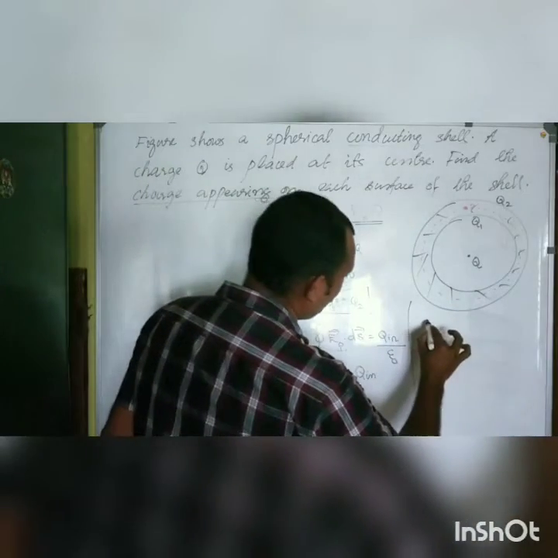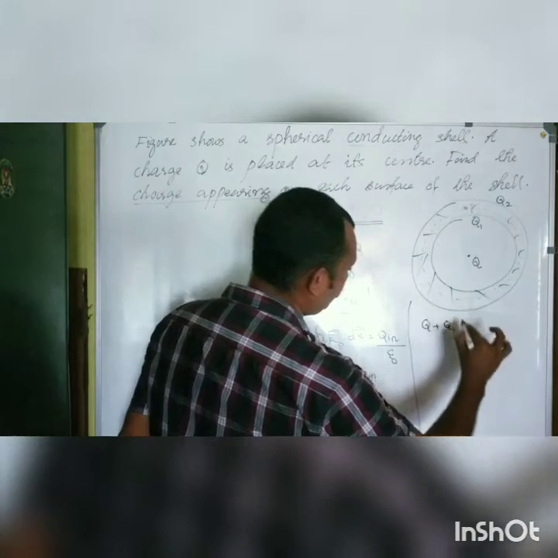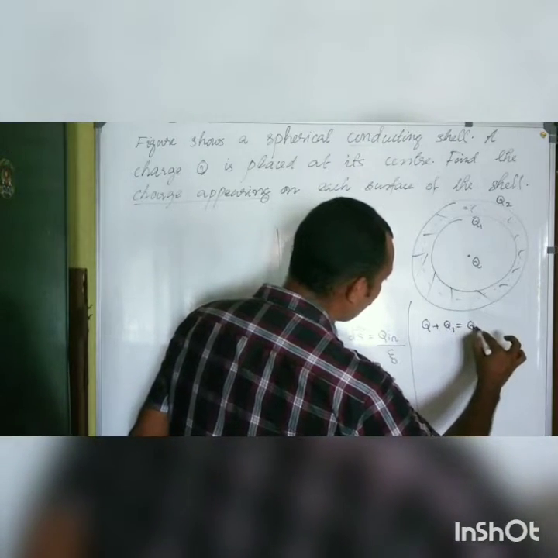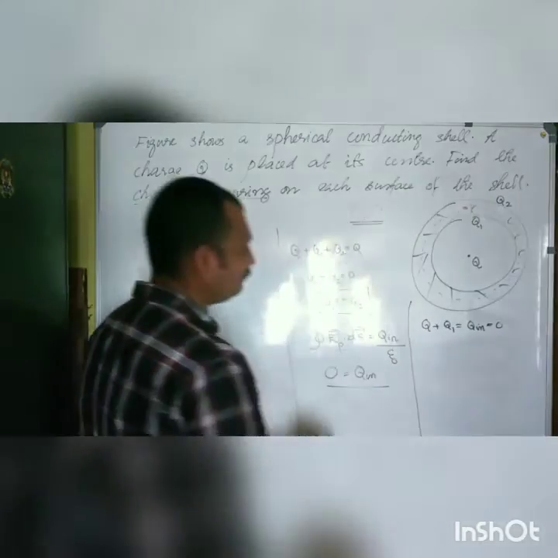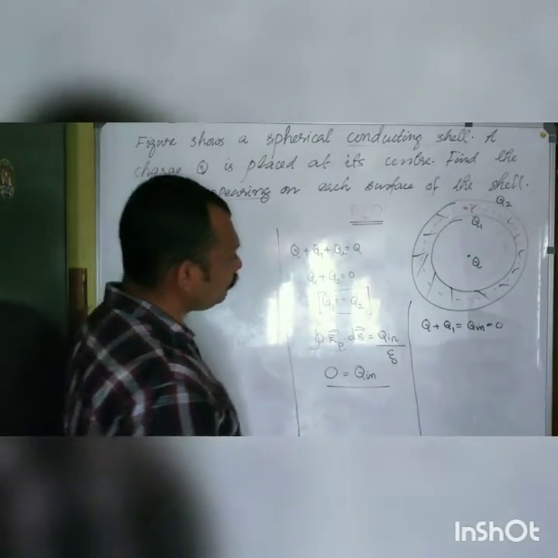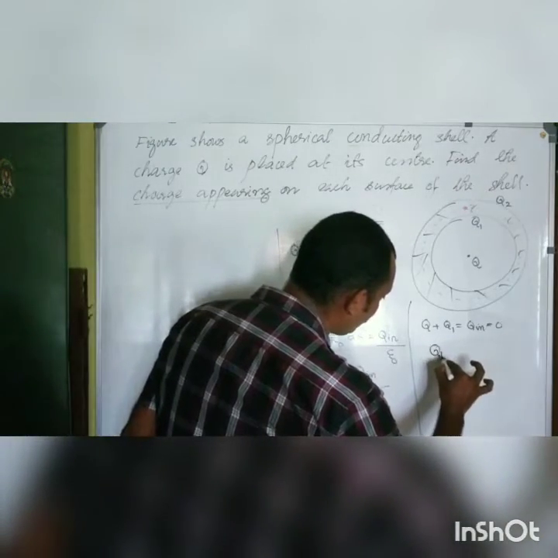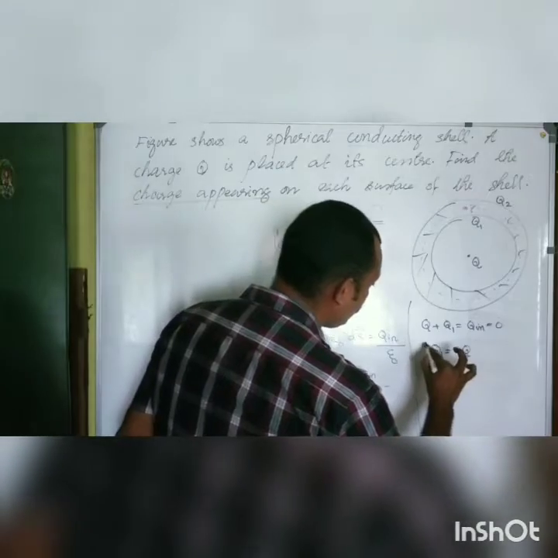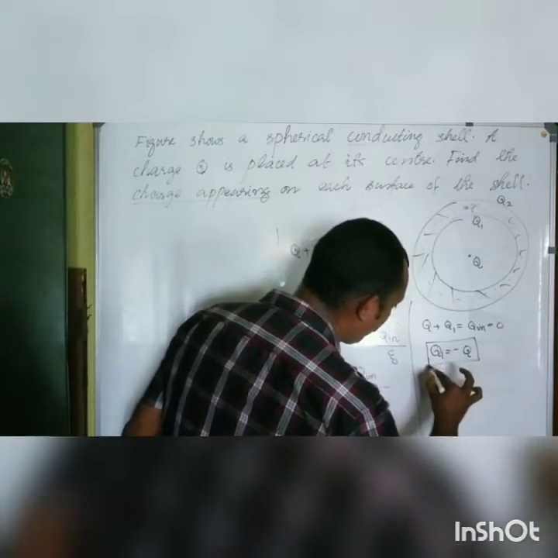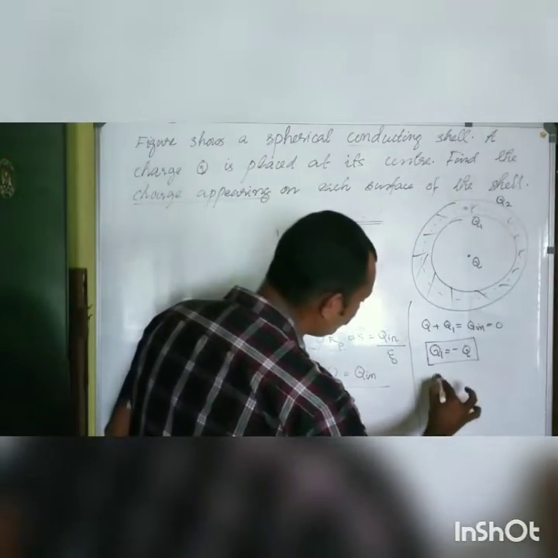Yes, Q plus Q1. That is equal to Q in, and we have already seen it is equal to 0. Now I am getting the value of Q1, which is equal to minus Q. I got the answer. Then what is Q2?